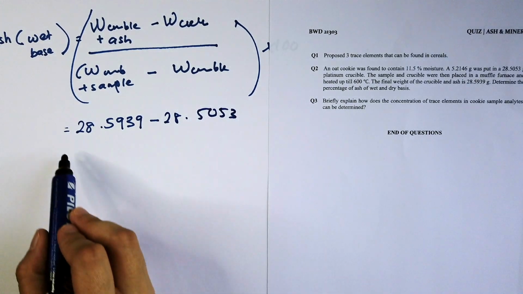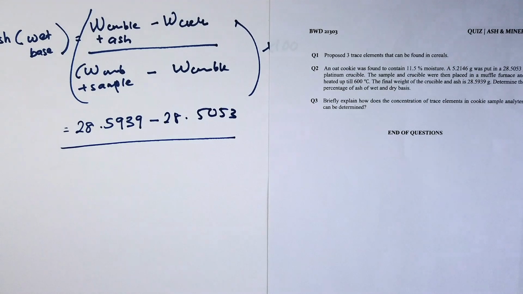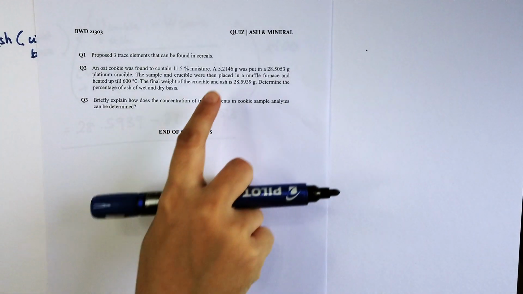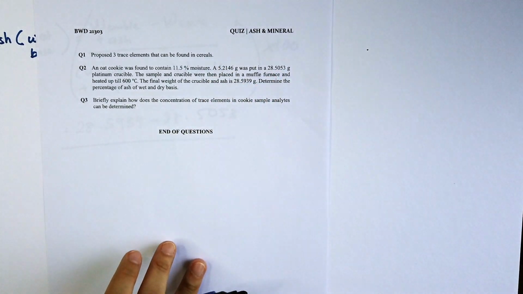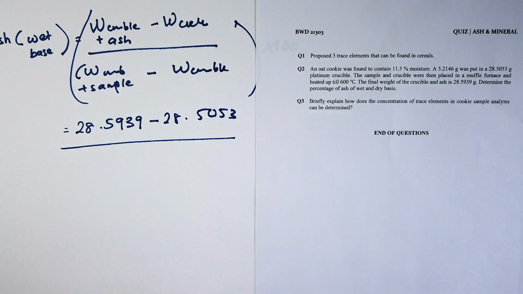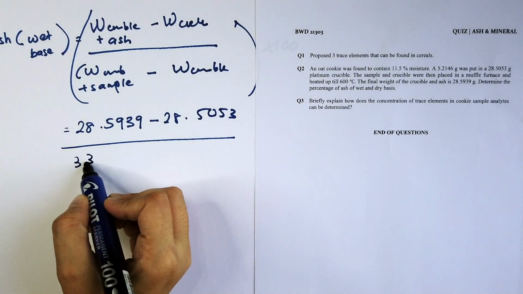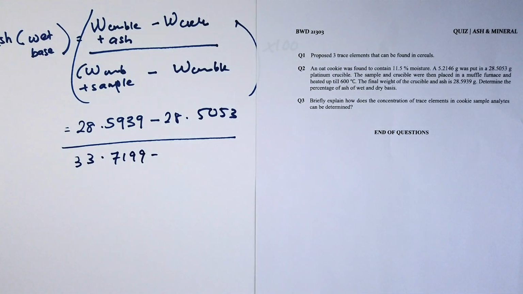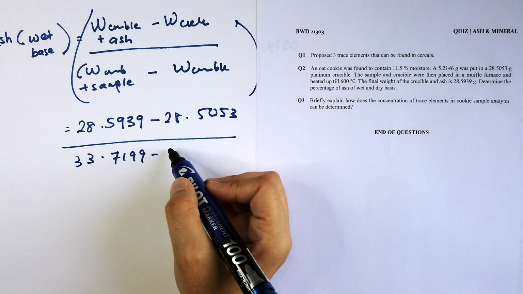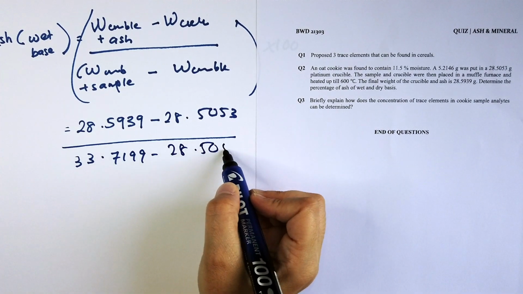So you need to divide with sample plus crucible. Sample plus crucible is 5.2146 plus the crucible 28.5053, so you should get 33.7199, minus the weight of the crucible, which is the same, 28.5053.